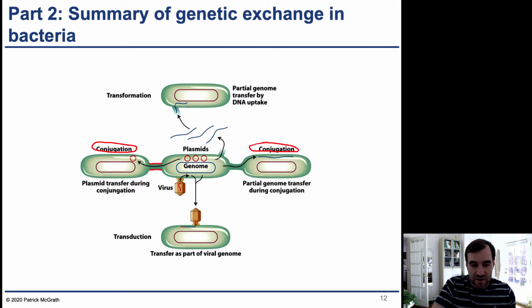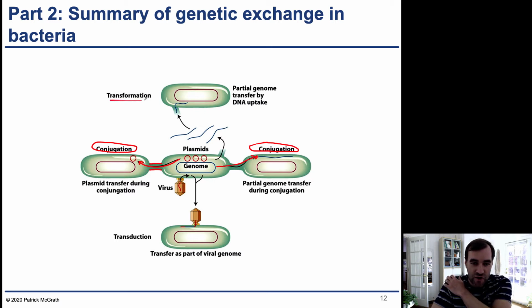One donor cell is able to send DNA into a recipient cell through this bridge. This can either be a plasmid that gets sent in, or it can be the chromosome that actually gets sent in, and that is the reason we distinguish two different cases. What actually gets transferred has a very different outcome on the bacteria.